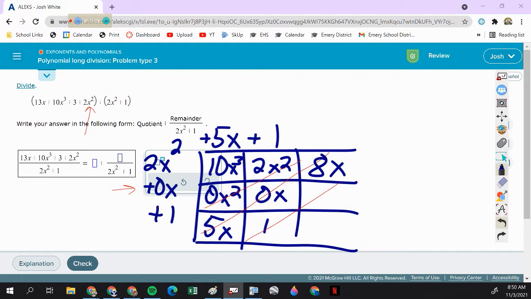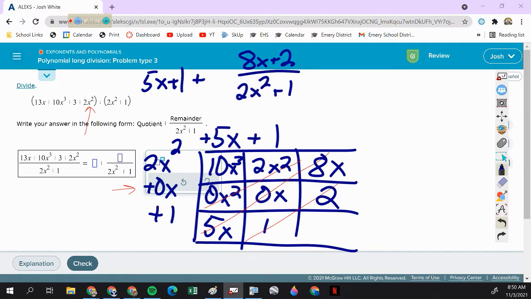So I have 1. What do I need in order to get to 3? So my answer is 5x plus 1 plus 8x plus 2 over 2x squared plus 1. Do you want to see another one of those? Yeah? Okay.